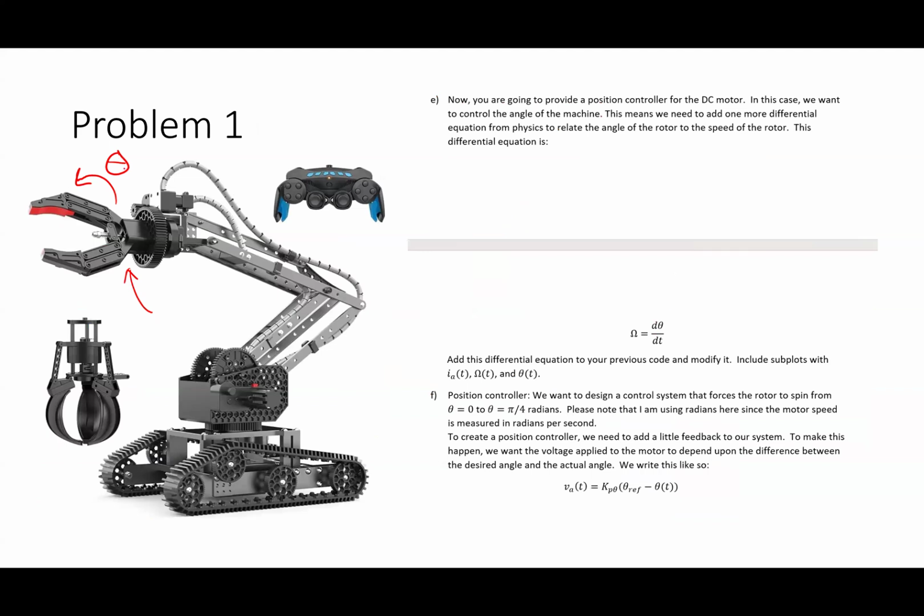So if the position is theta and omega is the speed, theta is the position of it. You guys know in a linear system, if I say the velocity is dx by dt, so basically the rate of change of position.